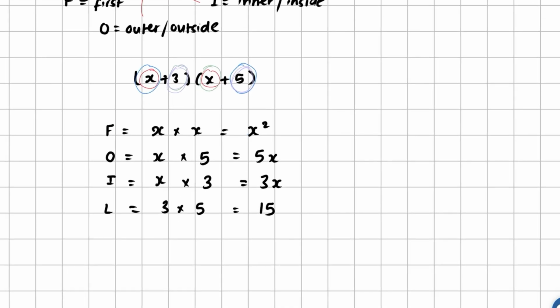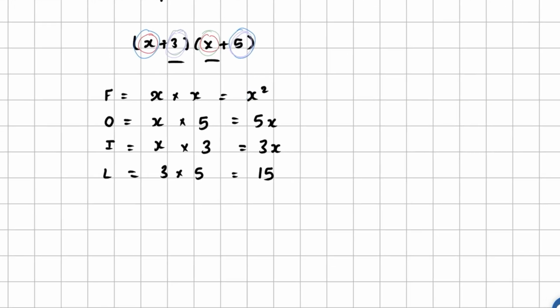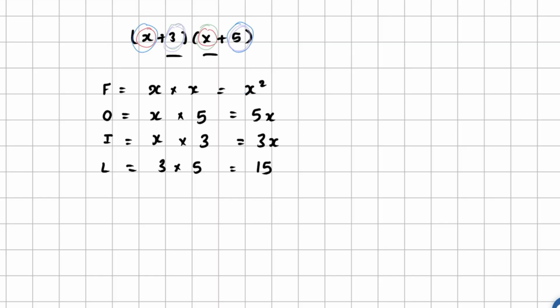So here where I did x times 3, it was that and that. Obviously you can write it as 3 times x. I just thought I'd line the x's up on the left hand side, but either way is fine, you'll get the same answer. So when you get that, you can write all at the bottom what you've got.